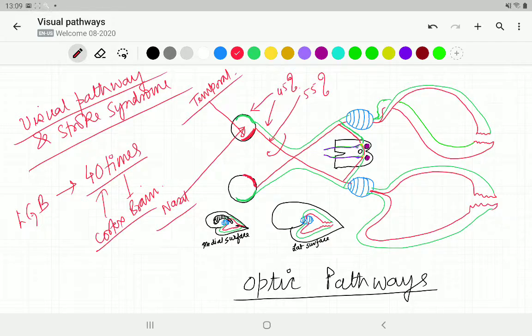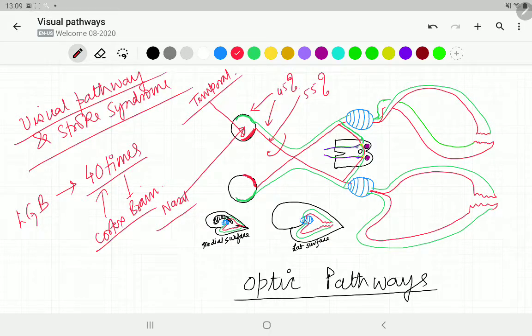That's the reason, because the cortex and the brainstem fibers which are relaying in the lateral geniculate body modulate. They are all inhibitory fibers. They modulate the information which is passed from the lateral geniculate body to the optic radiation and subsequently to the occipital lobe. So from the lateral geniculate body, the information goes as radiation.